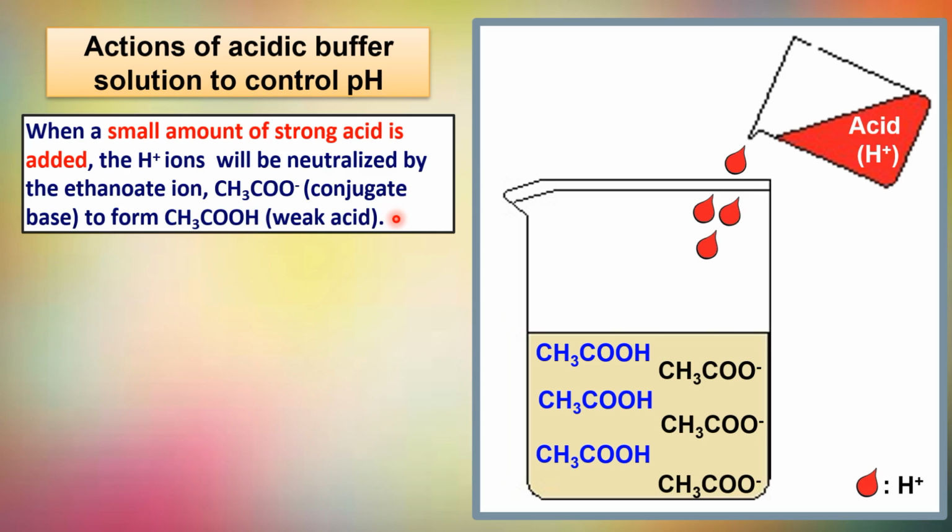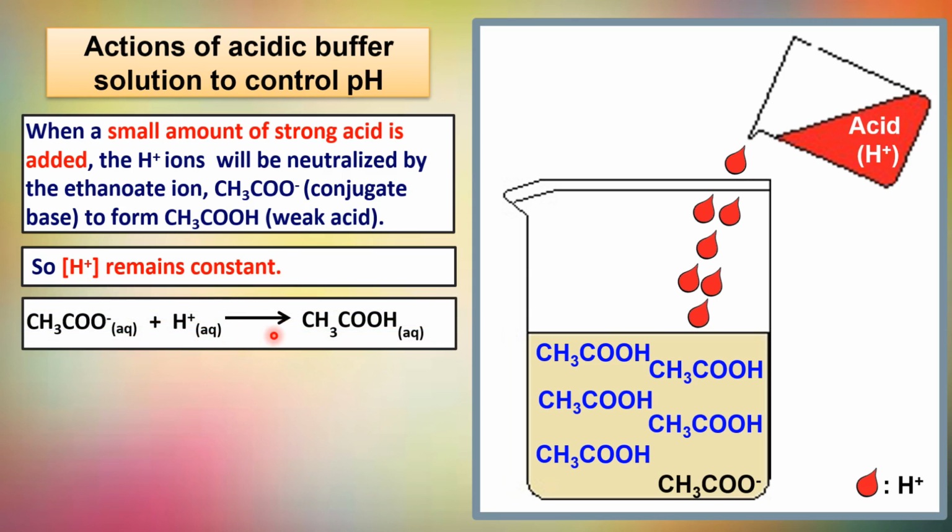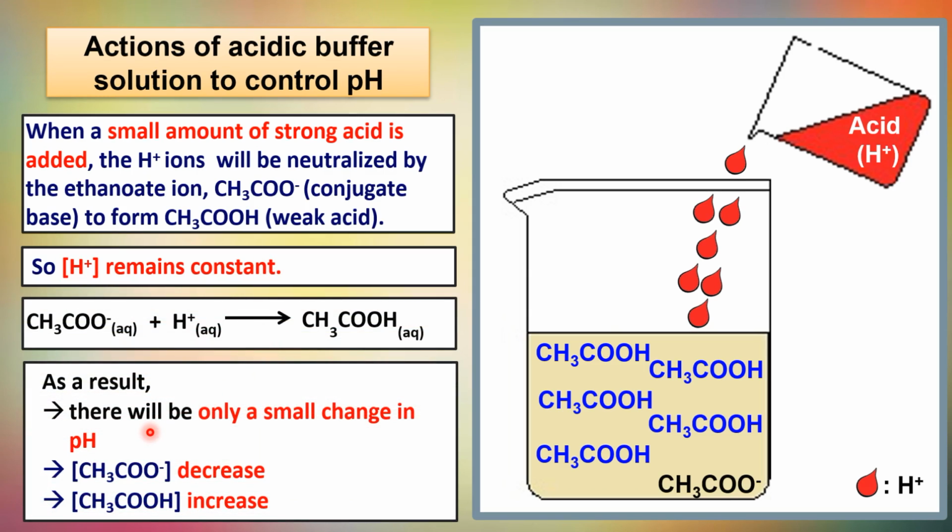So the H plus reacts with the conjugate base and forms ethanoic acid. That's why the concentration of H plus ion remains constant, and as a result there will be only a small change in pH.